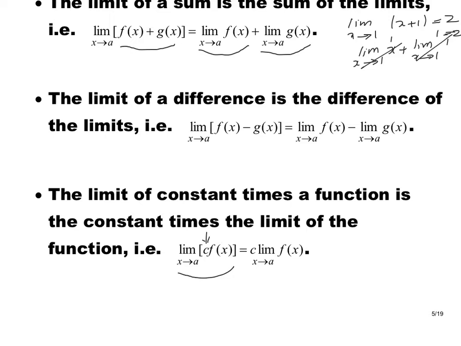And this way we can find the limit of a compound function. For instance, the limit of 2x when x goes to, let's say, 1 is the same as 2 times the limit as x goes to 1 of x, which is 2 times 1, which is equal to 2.